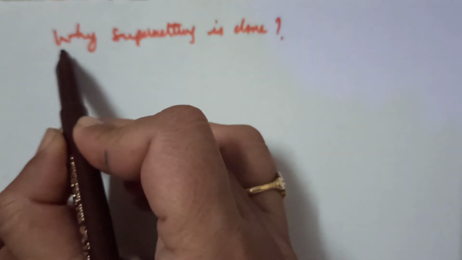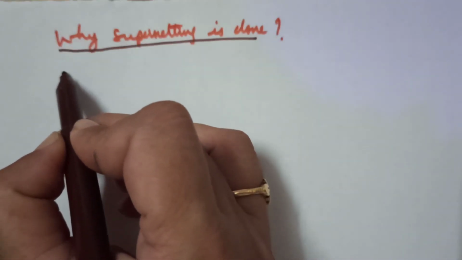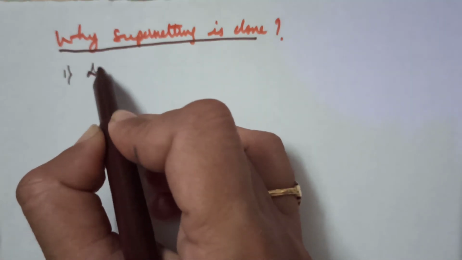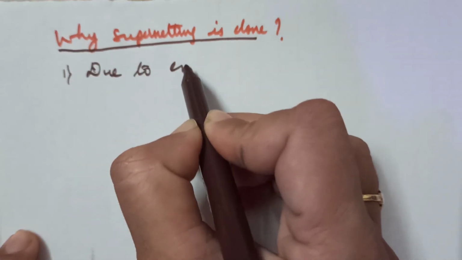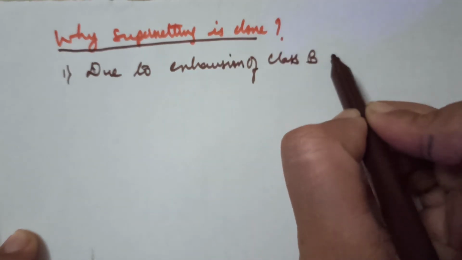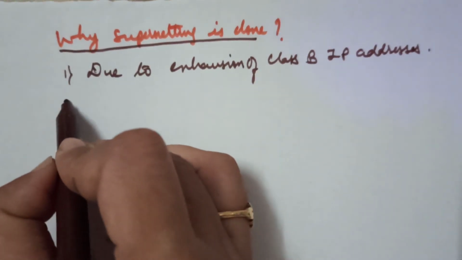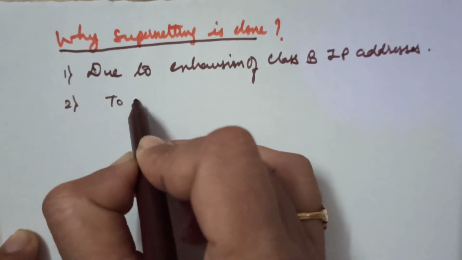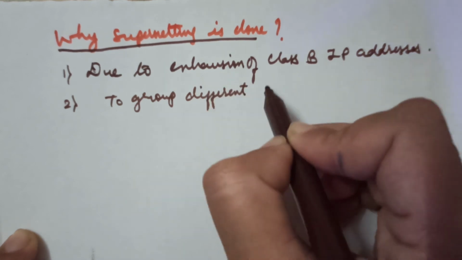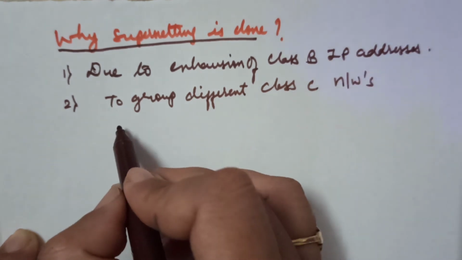Thus, it is clear from the supernetting example why supernetting is done. Supernetting is basically done after the exhaustion of class B IP addresses. It is done to group different class C networks so that large size blocks can be formed.